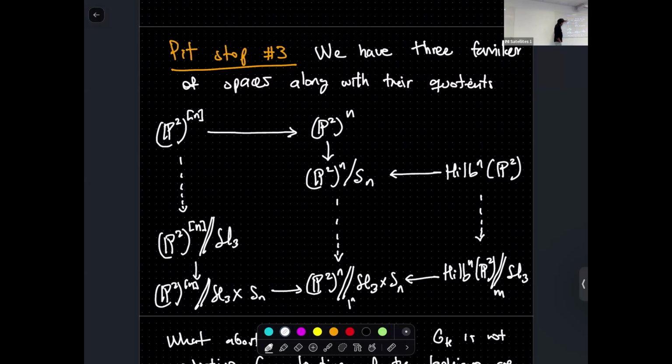And you can say, no, I'm not going to let the points collide, but I will let P2 break, and you have a map in this direction. If you take the unordered case, you can map to the Hilbert scheme. You have a map from the Hilbert scheme as well.